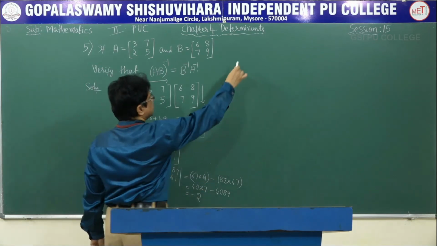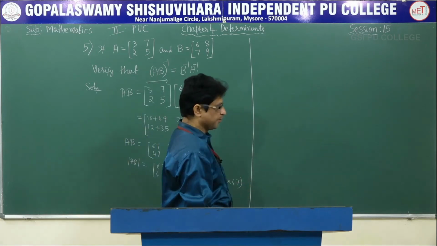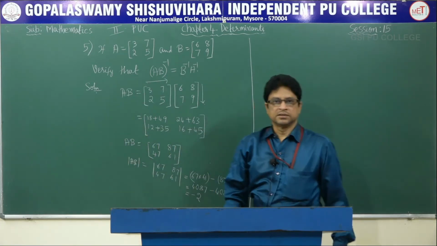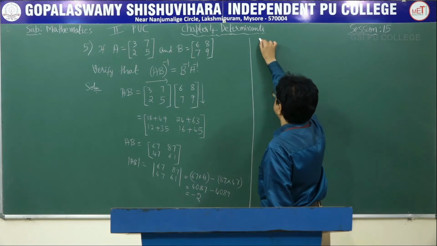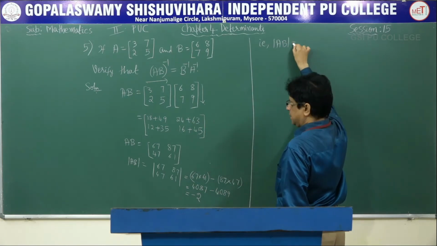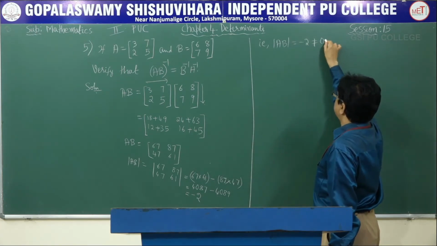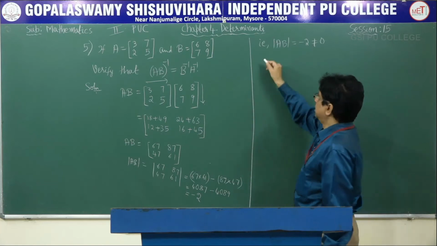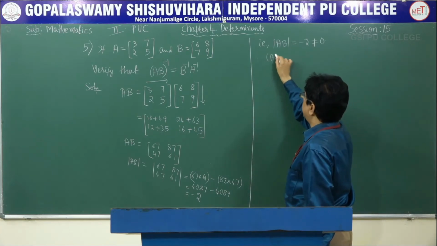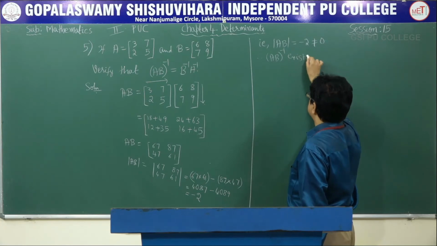That is, determinant of AB is equal to minus 2, which is not equal to 0. Therefore, AB whole inverse exists.